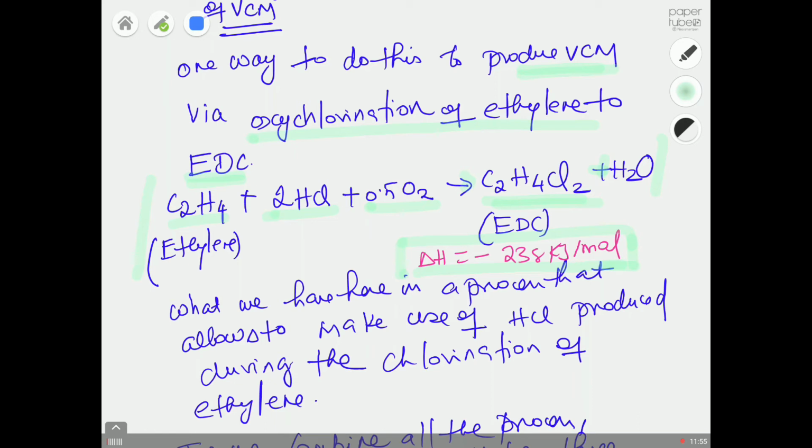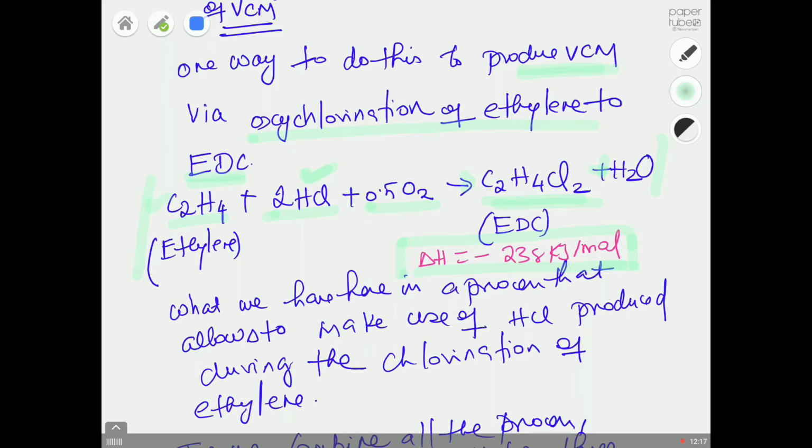So what we have in this process is that somehow we managed to use that hydrochloric acid, which is an intermediate product from step 1, the direct chlorination of your ethylene to ethylene dichloride. So this is something you have to remember.